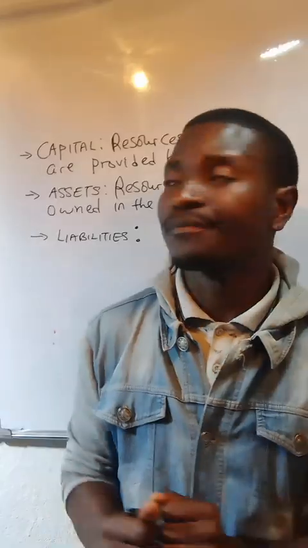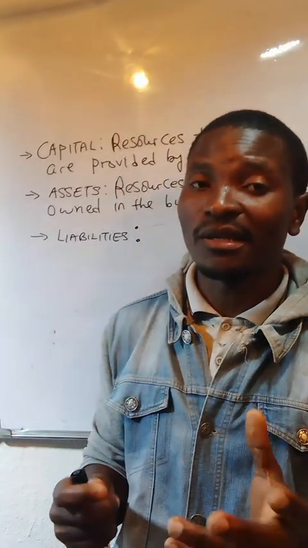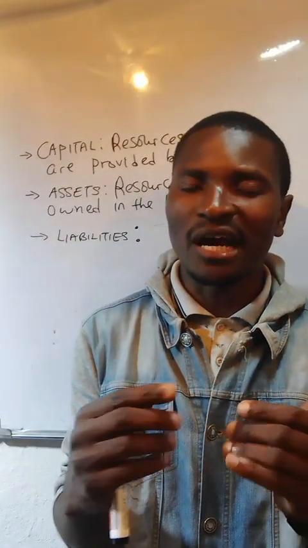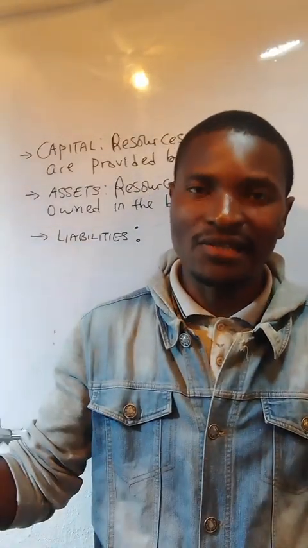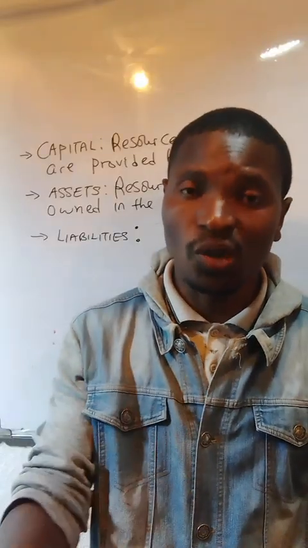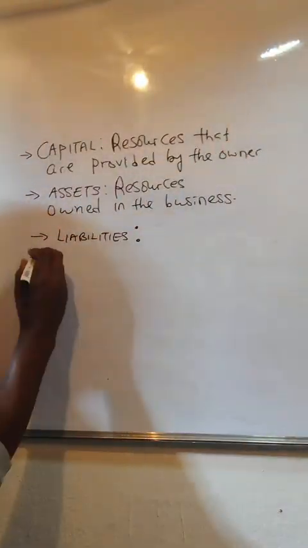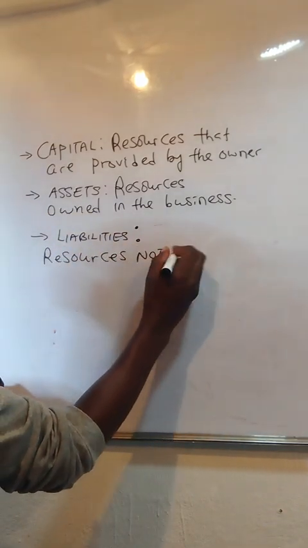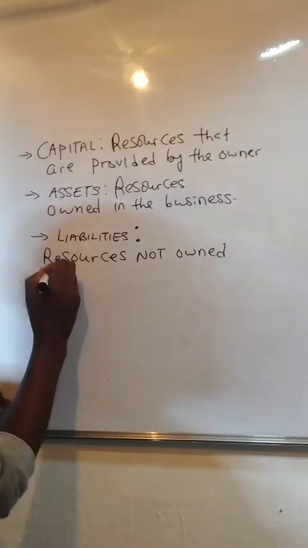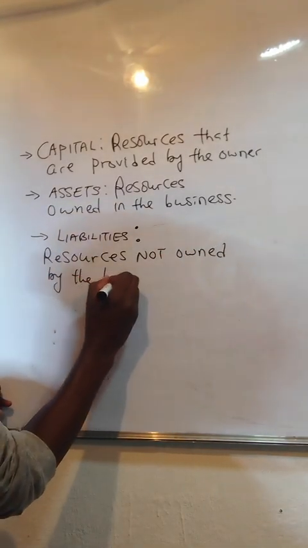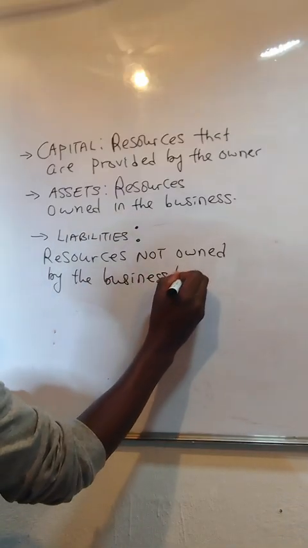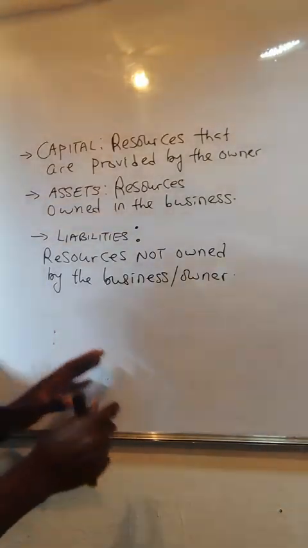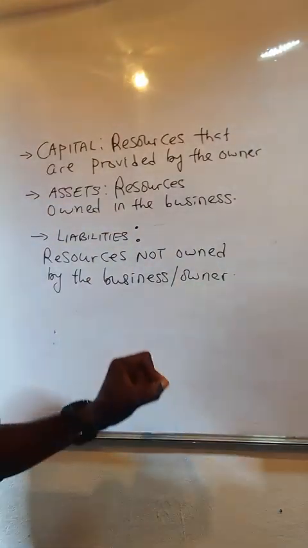So a liability is simply resources that do not belong to the business, or resources that were externalized in order for the business to jumpstart. So we can simply say that they are resources not owned by the business or the owner.